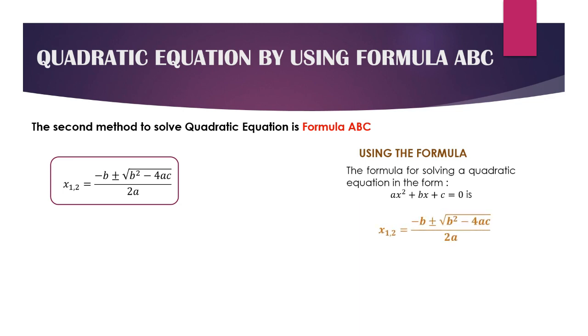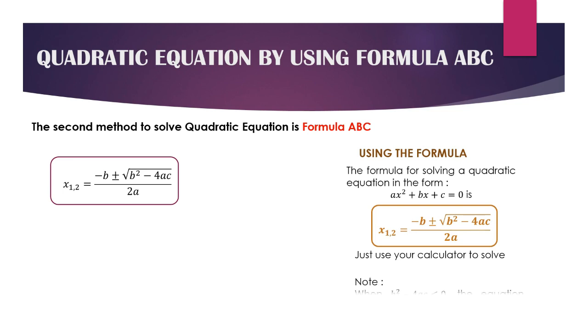A, B, C are numbers. A is the coefficient of x squared, B is the coefficient of x, and C is the constant. Just insert the constant and the coefficients into the formula and use your calculator. I think it's very simple.